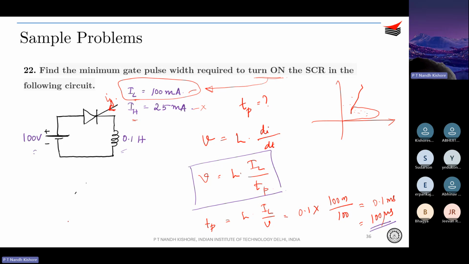You also see that SCR has a very large turn on time. The pulse width is 100 microseconds. Earlier, we were talking about a few nanoseconds as the turn on time. But SCRs have 100 microseconds as the turn on time, which means SCR cannot be used for very high frequency applications. From this itself, you can understand, correct?